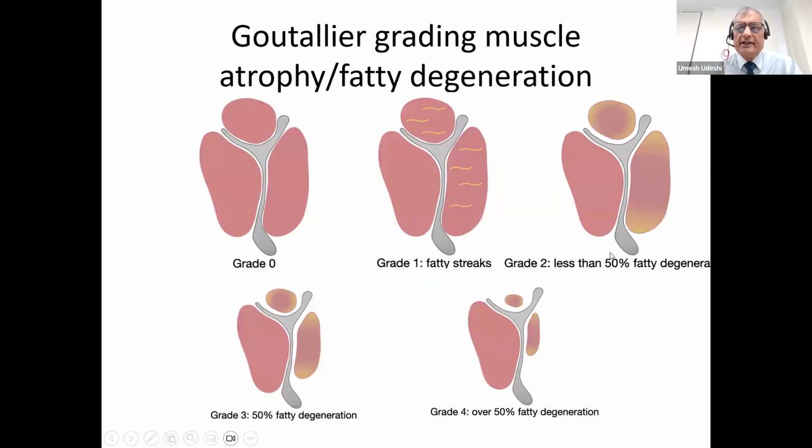And we now grade muscle atrophy, or fatty degeneration is a more important finding. There's a Goutallier grading, a French radiologist, I think it was, who graded and produced this classification. Now, what's the importance of this? Well, if the muscle is fatty and atrophied, if all the muscle is replaced by fat, then particularly in elderly people, it's very difficult, if you repair that torn tendon, to get normal function back.